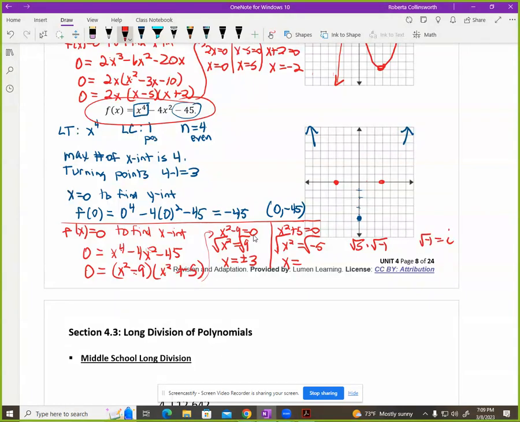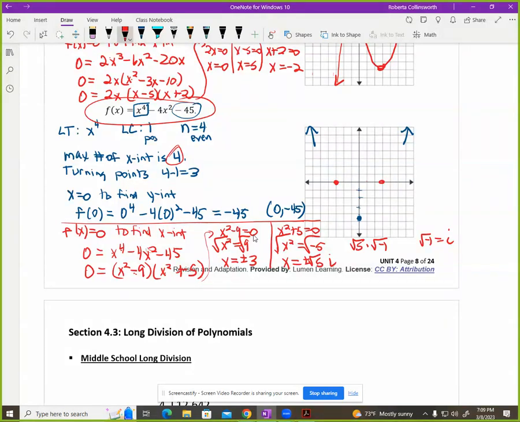So this is plus or minus the square root of 5 i. So those are imaginary solutions. So I don't have 4 x-intercepts like this tells me that I could have. I only have 2 real solutions and 2 imaginary solutions.